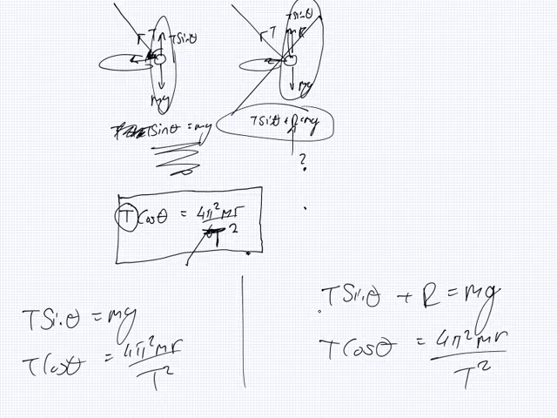Even if you look at the second one, T sine theta plus R equals T cos theta. I think I see what the problem is. In this picture, the R... Yeah, R should be short. Yeah, well, or the reaction is 0.